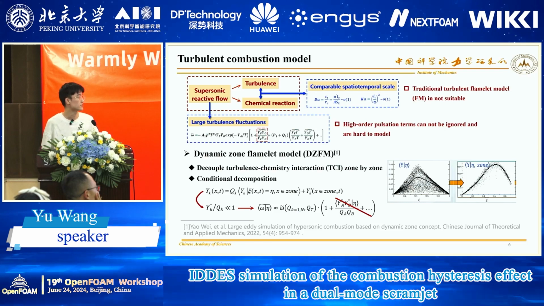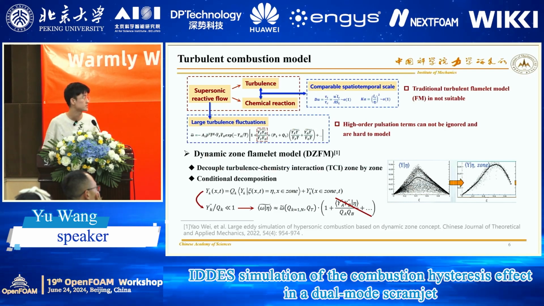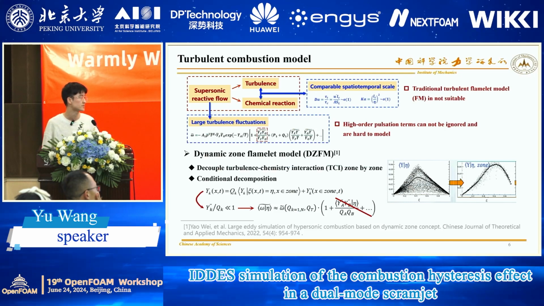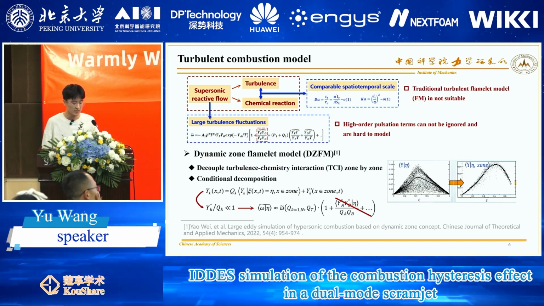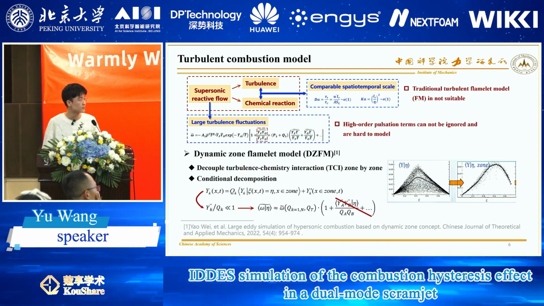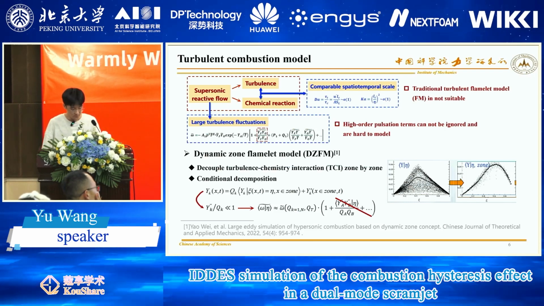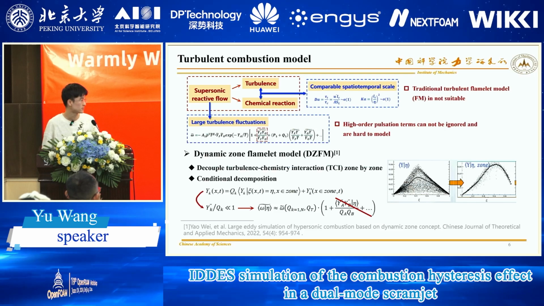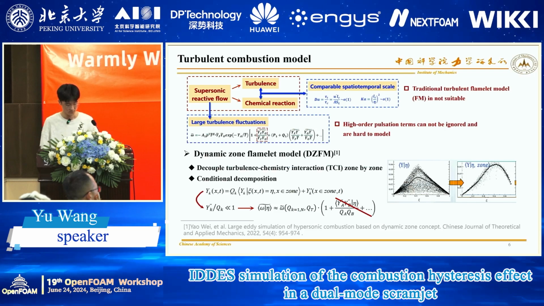Thus, the basic foundation of the dynamic zone flamelet model is to decouple the turbulence chemistry interaction zone by zone. Mathematically, by using a conditional decomposition, the fluctuations in a divided zone are greatly reduced, as shown in this graph. Thus, the source terms can be strictly closed by ignoring the high-order pulsation terms.